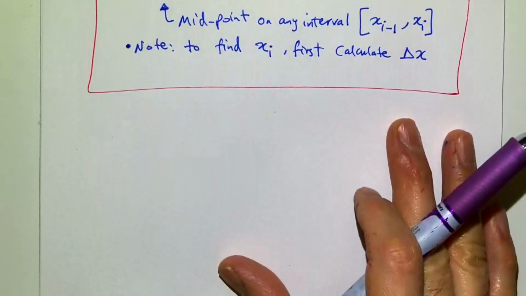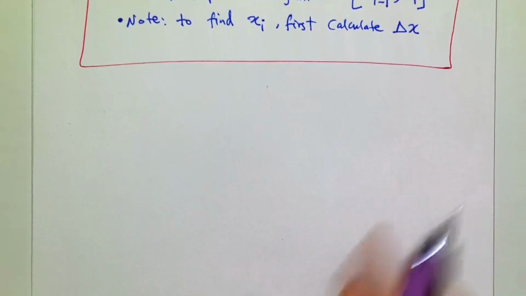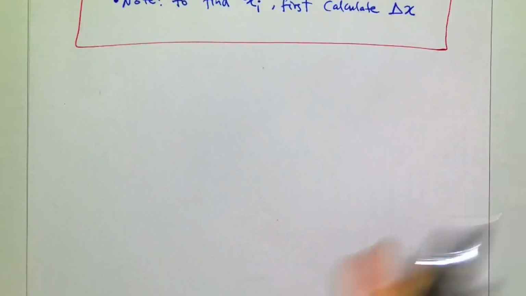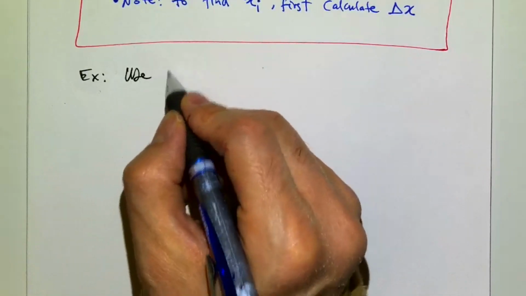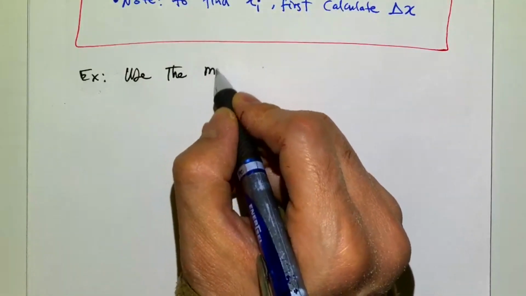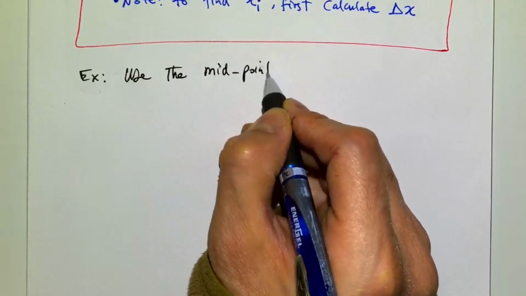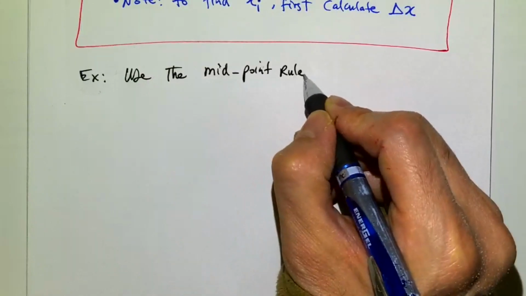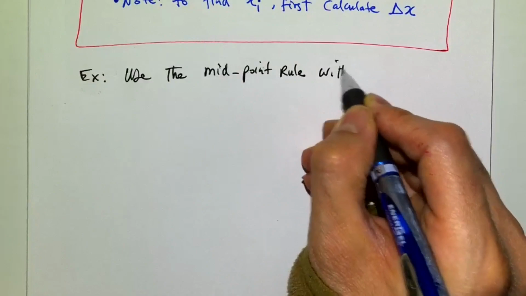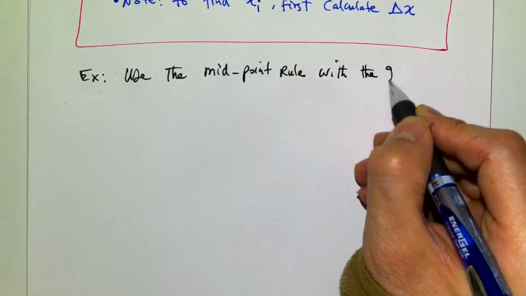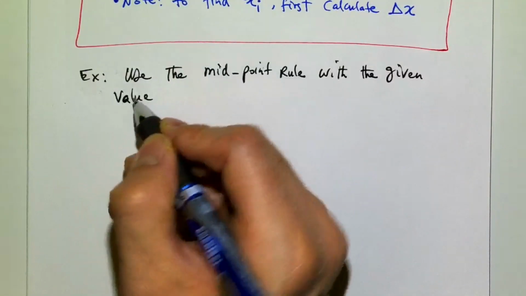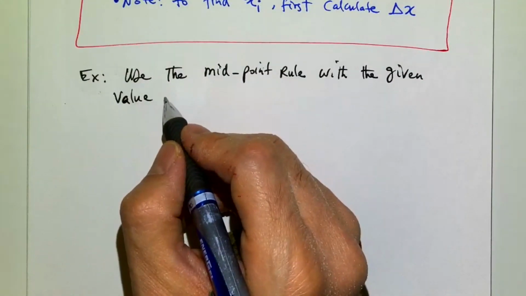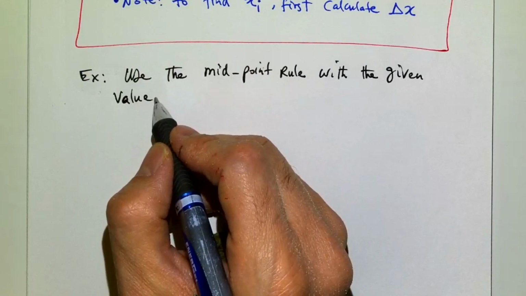Okay, so let's apply this to an example. They ask us to use the midpoint rule with the given value of n, because as you know, we can divide that area under the curve into however many rectangles we like.